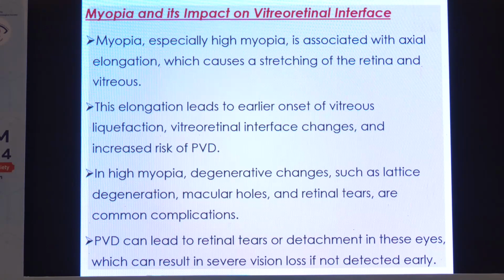In high myopia, degenerative changes such as lattice degeneration, macular holes, and retinal tears are common complications. PVD can lead to retinal tears or detachment in these eyes, which can result in severe vision loss if not detected early.